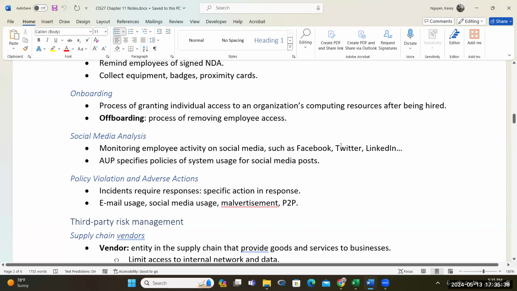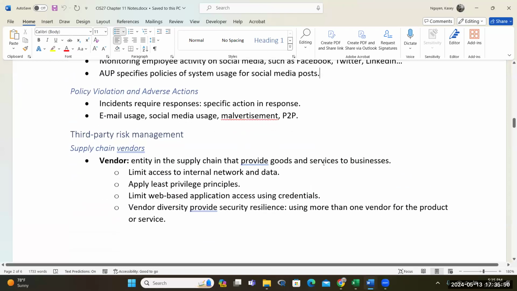But sometimes you will have to monitor their activities. Okay. And then you need to define that in the acceptable use policy. And if they have a policy violation, that will be considered a response to an incident. So you have to treat it as an incident because it's a data leak.